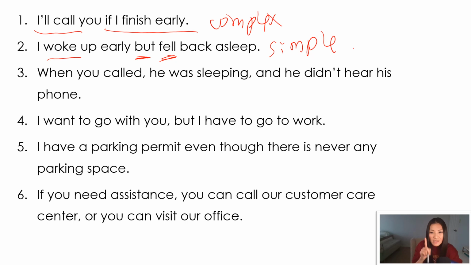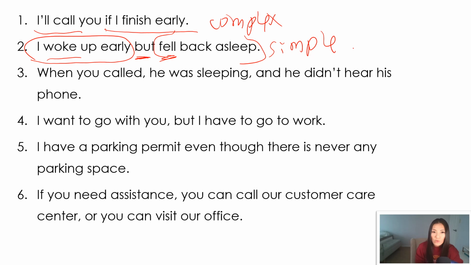There's only one independent clause here. I woke up early is an independent clause. Fell back asleep is not anything, right? It has no subject, right? Which means it's not a clause. Therefore, number 2 is simple sentence because there's only one independent clause.